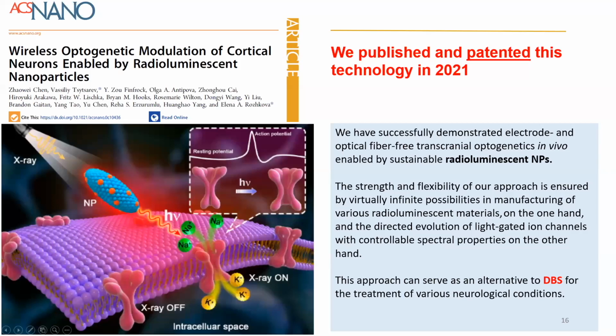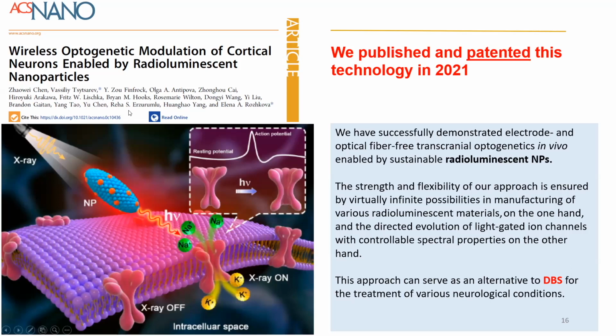So potentially we can inject channel rhodopsin anywhere in the brain, including the human brain, including globus pallidus or substantia nigra or some other subcortical structure which is critical for Parkinson's disease and some other neurological disorders. We can apply X-ray radiation.